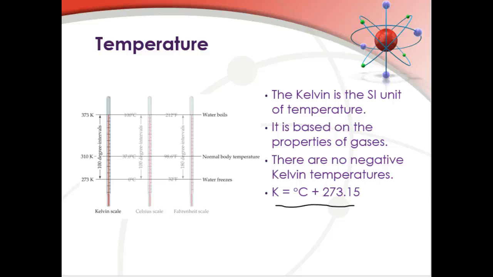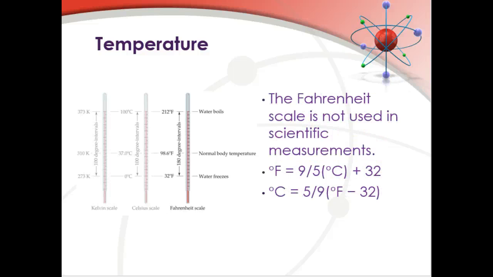Now, the temperature that we're used to using is Celsius or Fahrenheit. Fahrenheit being the English measurement for temperature, which is not used ever in scientific measurements. It's a terrible unit, and you probably won't see it again after this chapter. But Celsius is the one we normally use because it's very easy to work with at normal standard temperatures.